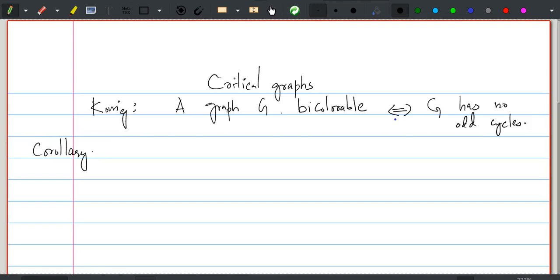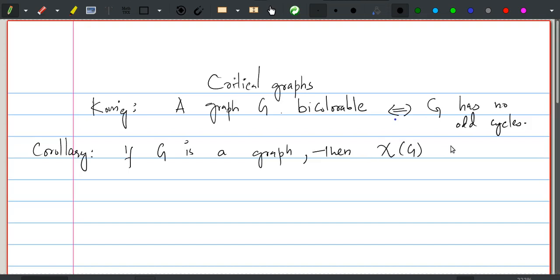So this states that if G is a graph, then the chromatic number of G is at least 3 if and only if G has an odd cycle.